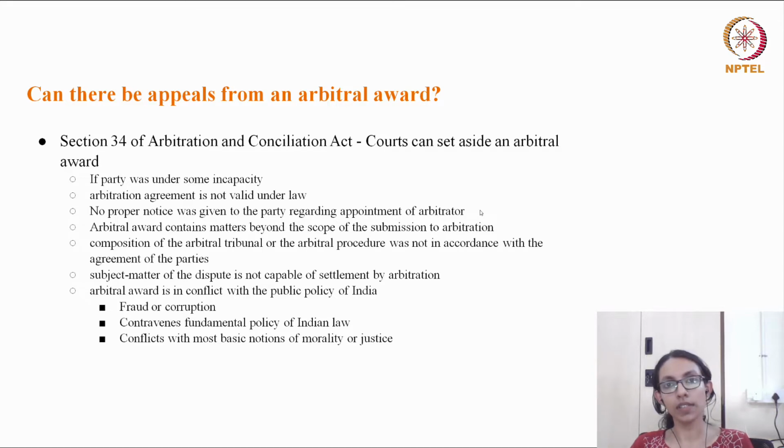Then the sixth ground is that the subject matter of the dispute is in itself incapable of being settled by arbitration. We'll be looking into such non-arbitrable subject matters in subsequent slides.